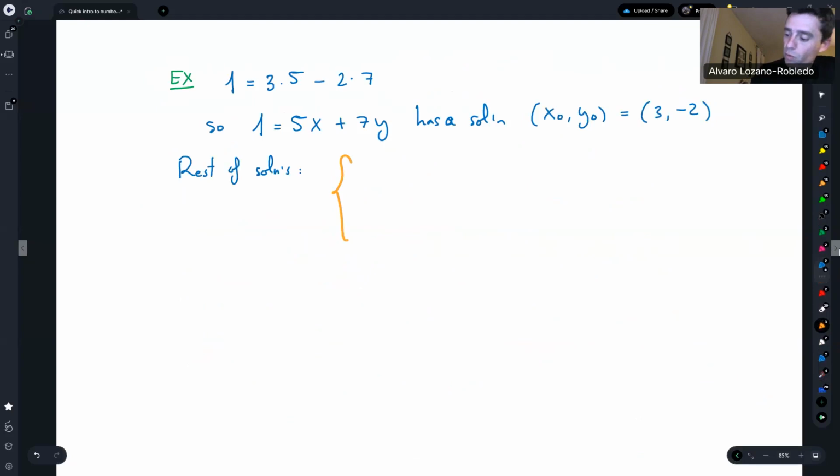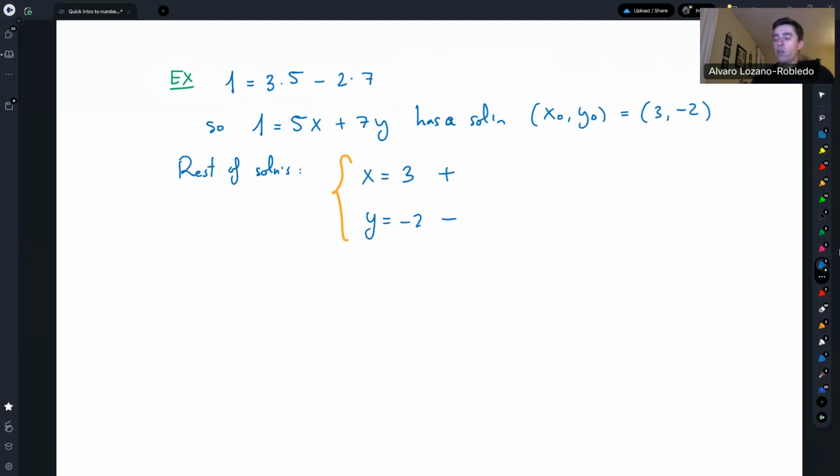The theorem would tell you that x is going to be given by the initial solution plus a correction factor, minus a correction factor, and 3 goes with 5, so it's times 7k divided by the GCD, which in this case is 1, and minus 2 goes with 7, so the correction factor is 5 times k divided by 1.